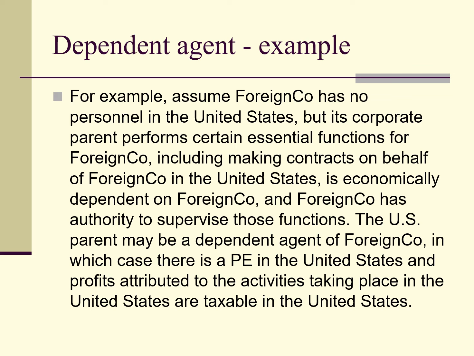And Foreign Co. has the authority to supervise these functions. The U.S. parent may be a dependent agent of Foreign Co., in which case there is a permanent establishment in the United States, and profits attributed to the activities taking place in the United States are taxable in the United States.